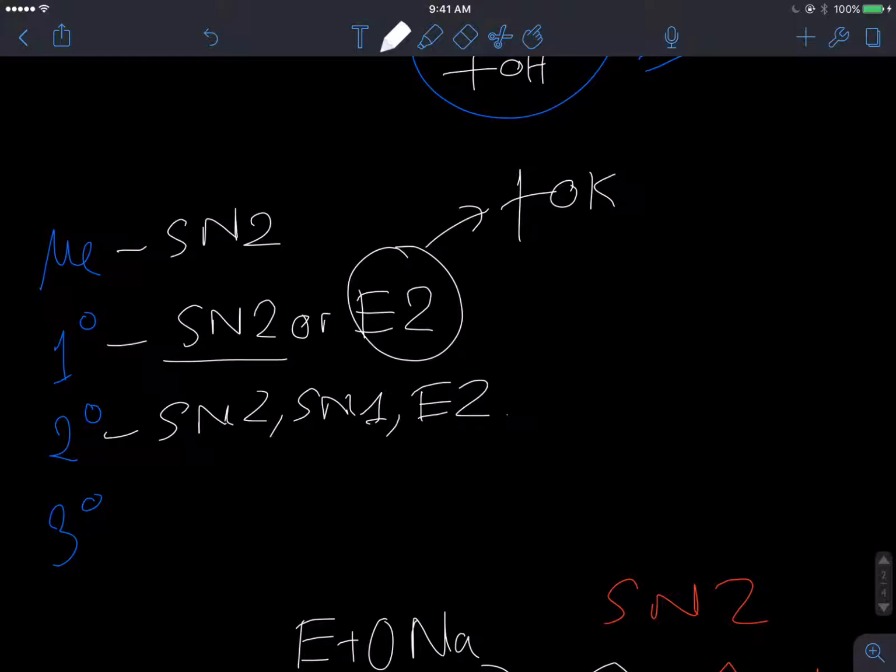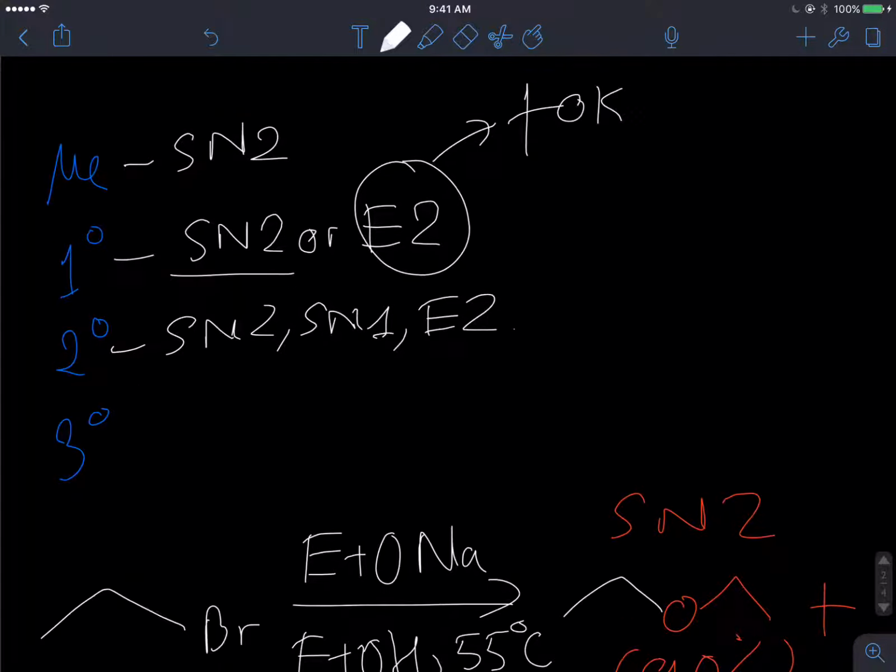E1 is like only 5% occur, and that 5% will be very, very high heat. So when you think of any elimination reaction, don't think about E1, think about E2 first, and then when you see like 180 Celsius degrees or 200 Celsius degrees, E1 may occur.